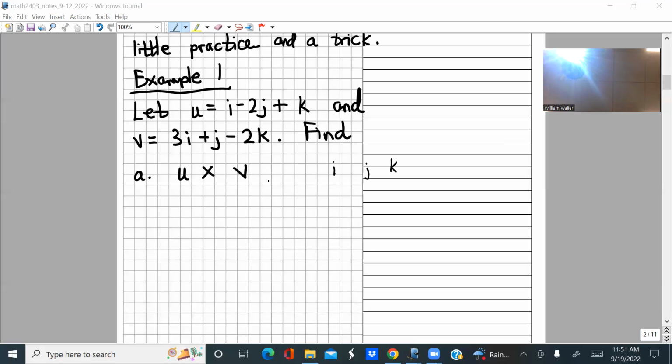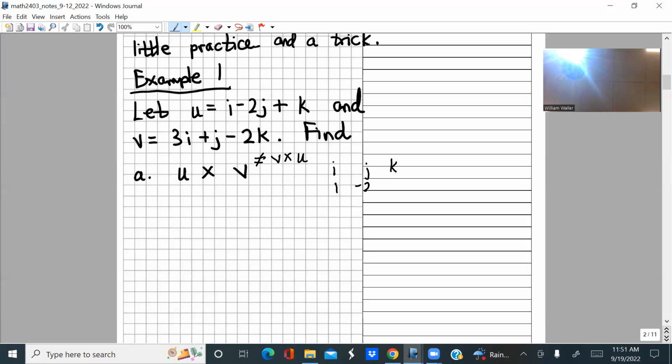What I mean is u cross v is not going to turn out to be the same as v cross u. They're slightly different. So make sure you write your vectors in the proper order in this table. What are the coefficients of u here?